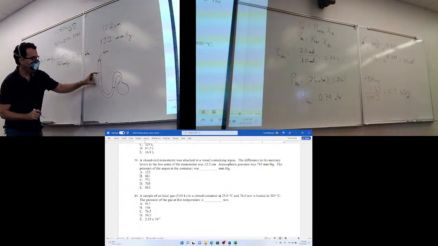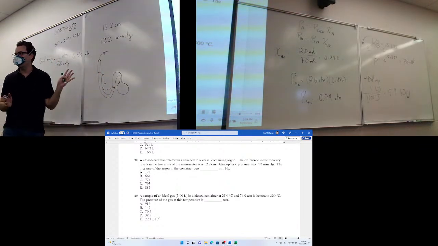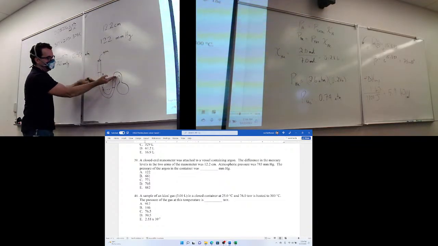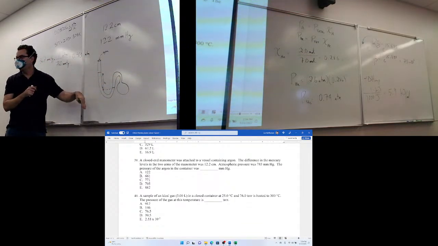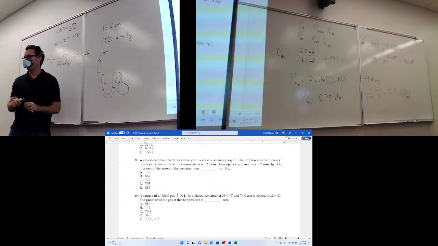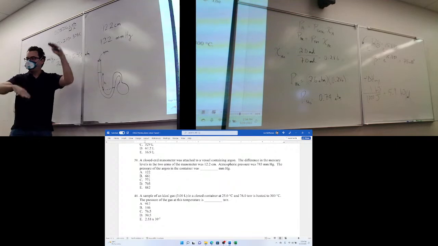And so you would add this difference, whatever this height is, to the atmospheric pressure. If it was the other way, if this was higher and this was lower, then the atmospheric pressure is pushing harder. It's higher pressure. You would subtract that difference from the atmospheric pressure to get the pressure inside the flask. So it's always going to be adding or subtracting from the atmospheric pressure, depending on which way the height is.